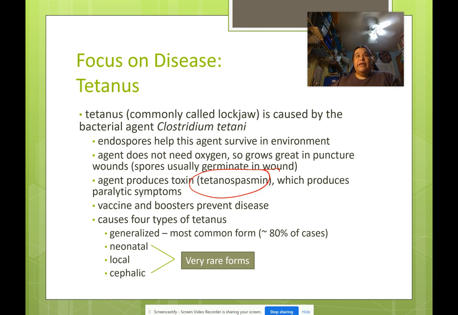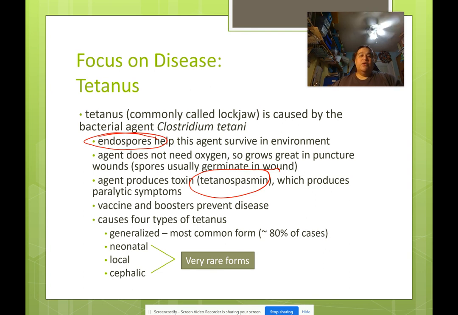The other thing that's dangerous with Clostridium tetani is it forms endospores. So it helps it to survive in the environment that we live in, whether that is on ice when it snows, or in the soil, or on the concrete when it rains.